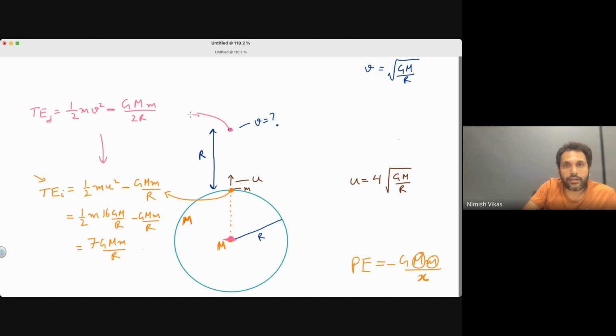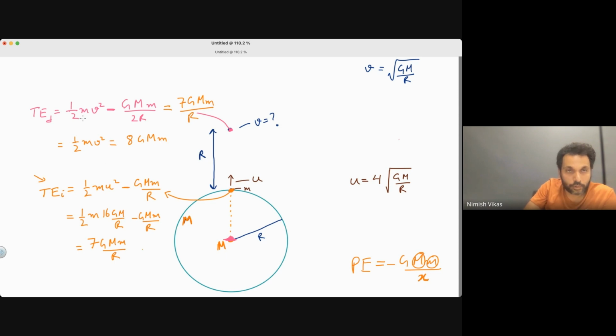Hence, what we'll write? This is equal to your orange thing, whatever you found. What was that? 7 GMm by R. Okay. So you see half mv square is equal to 7 plus 1, which is 8 GMm.